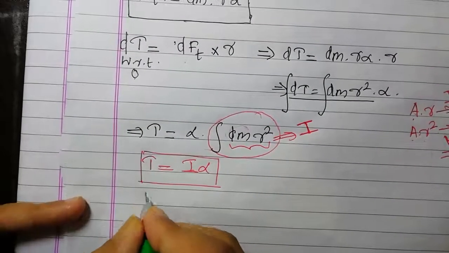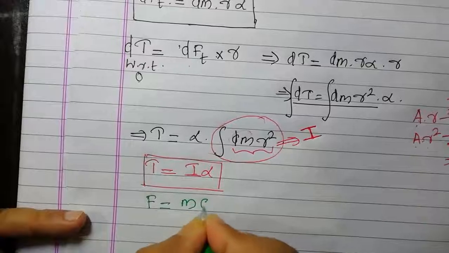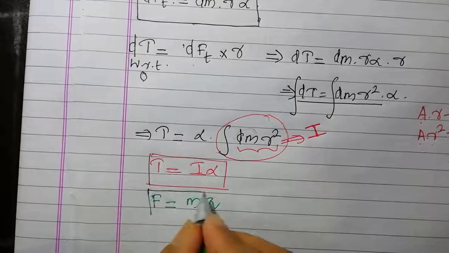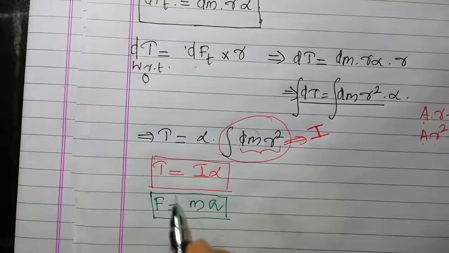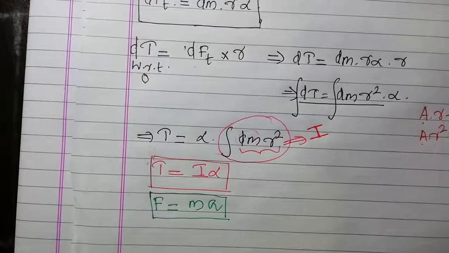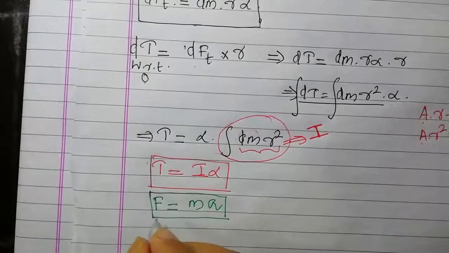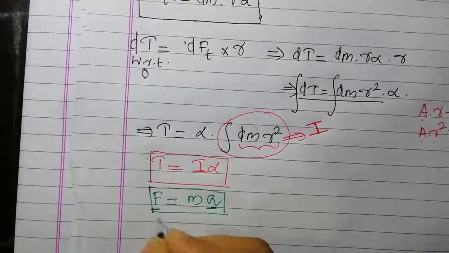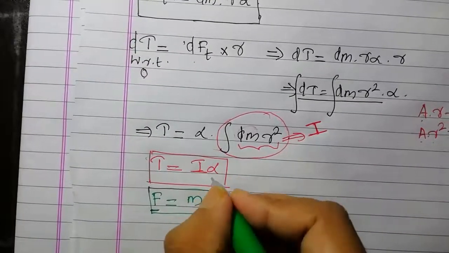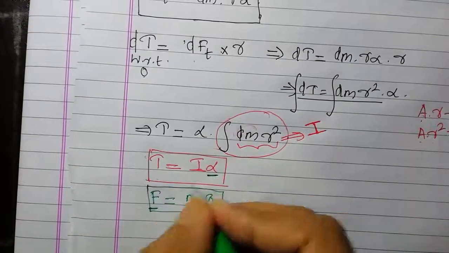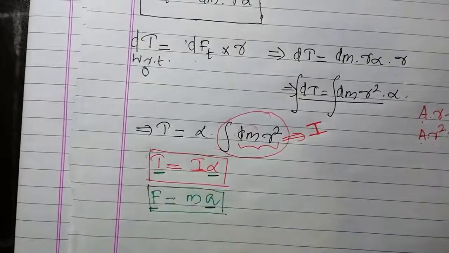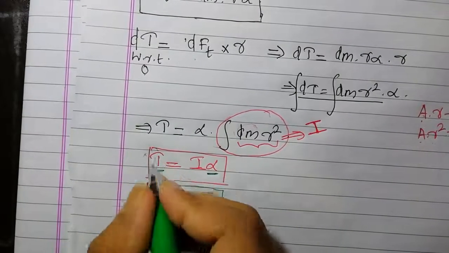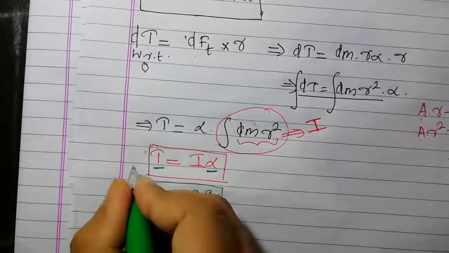It is similar to the equation F is equal to ma. In linear motion, the corresponding equation is F is equal to ma, and in rotational motion, the equation is T is equal to I alpha. Here, this acceleration is produced because of this force F. Similarly, in rotational motion, this angular acceleration is produced because of this torque T. So the rotational motion term corresponding to the force F is torque.